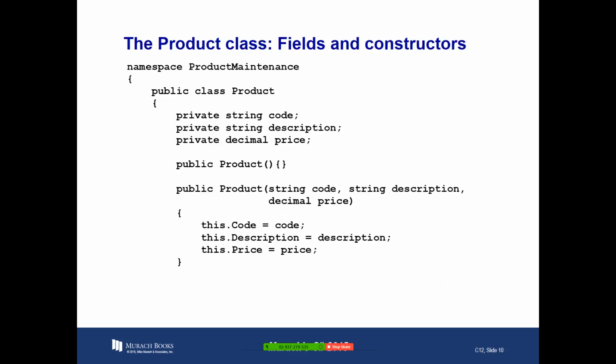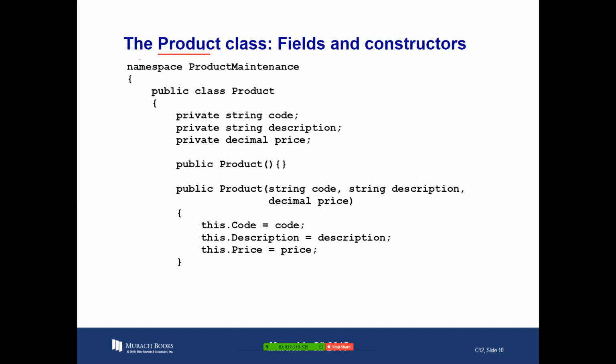So this product class that we've been talking about, the fields and constructors. This is an example. Let's say we have a project called product maintenance, and the idea is that we're keeping track of our products or keeping track of inventory or something like that.